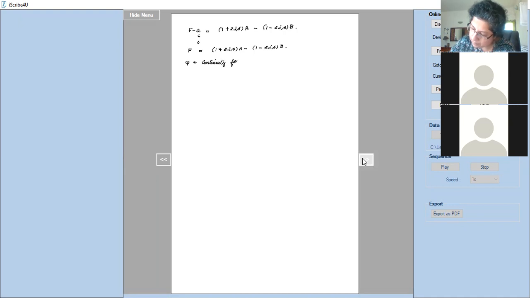The continuity for this had given us the condition that A plus B is equal to F plus G, right? Here also I need to put G equal to 0. So thereby I know that F must be equal to A plus B, correct? Let's now put this here.